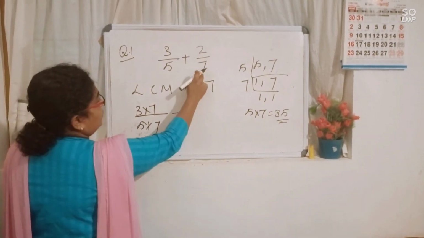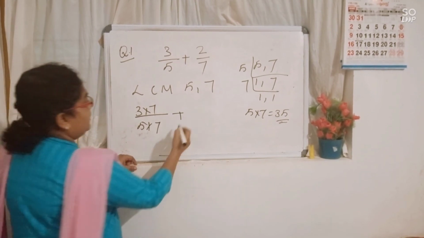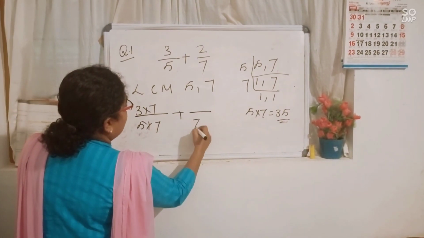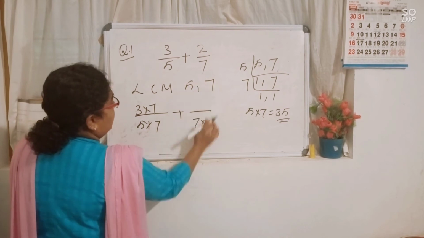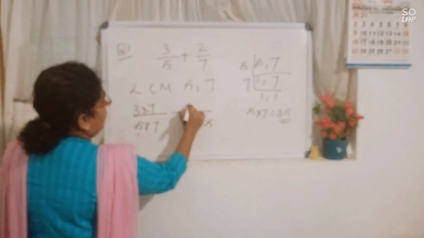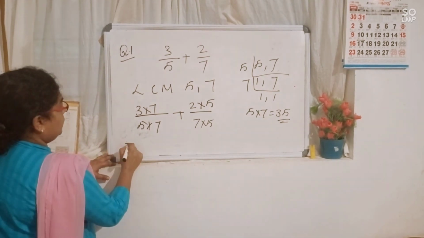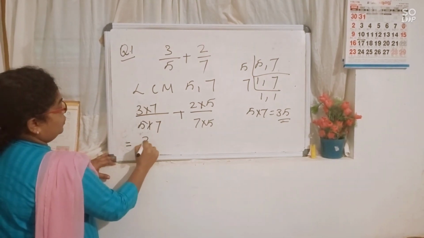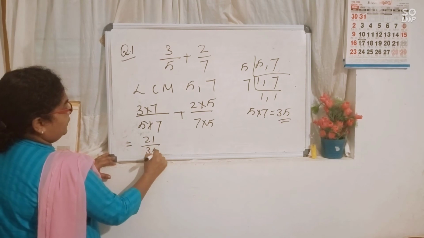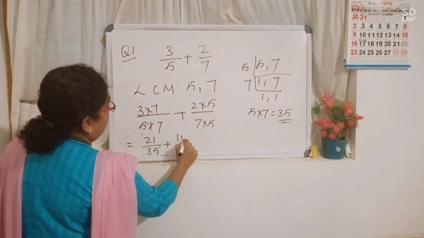Here, to get 35, multiply by 5. So 7 into 5. Here we multiplied by 5 in the denominator, so definitely we have to multiply by 5 in the numerator also. So how much here? 21 by 35 plus this one 10 by 35.